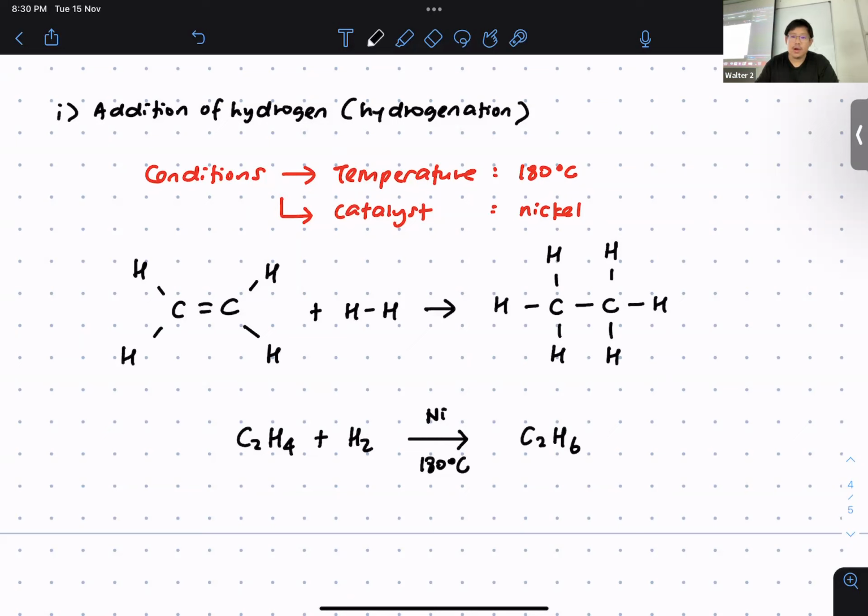So it's not really relevant. This one is more relevant to industries that manufacture things like margarine, converting vegetable oil to something like butter. That is considered a hydrogenation process. The Ostwald process we will cover later, which is the manufacturing of nitric acid. So it's slightly different.